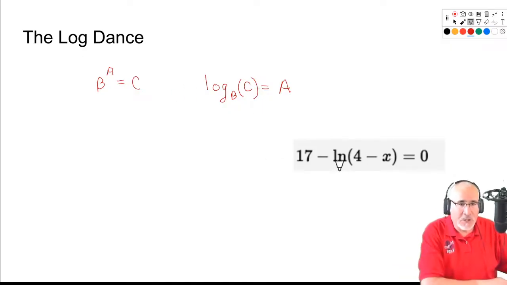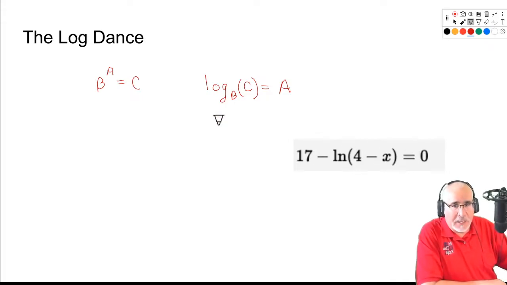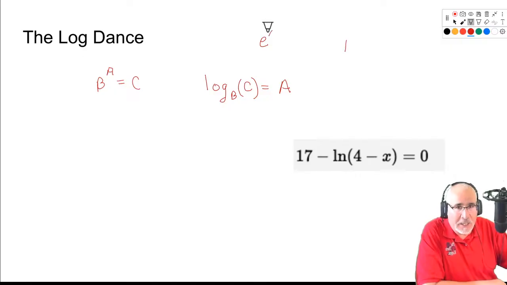Let's see how we could actually use that to solve an equation like here. We haven't talked yet about what ln means, so we'll do that briefly here. There is something called the natural number, e to the x. E itself is approximately 2.72.